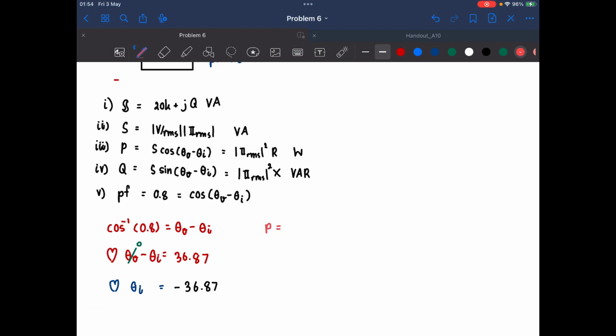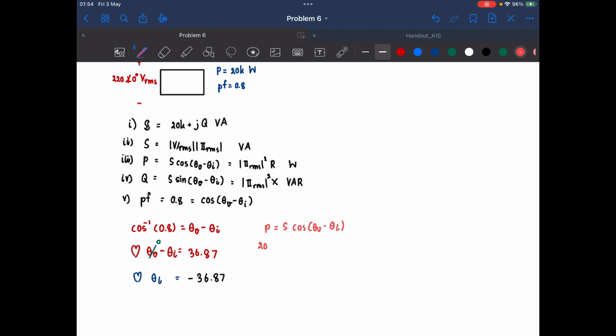P is equal to S cos theta V minus theta I. So we get S, the apparent power, is equal to this VA.